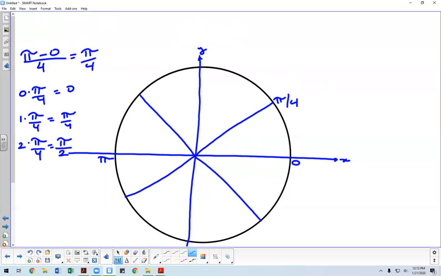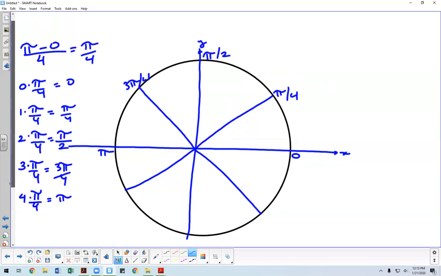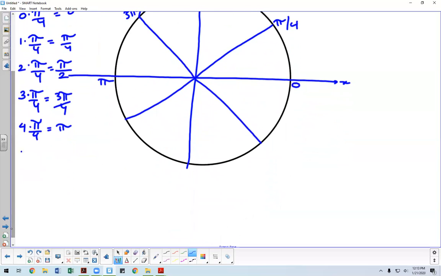So that's obviously back at that 90-degree measurement. And then 3 pi over 4. And then you're back at pi, because that's going to be 4 times pi over 4, right? And then it's going to be 5 pi over 4. Very good.